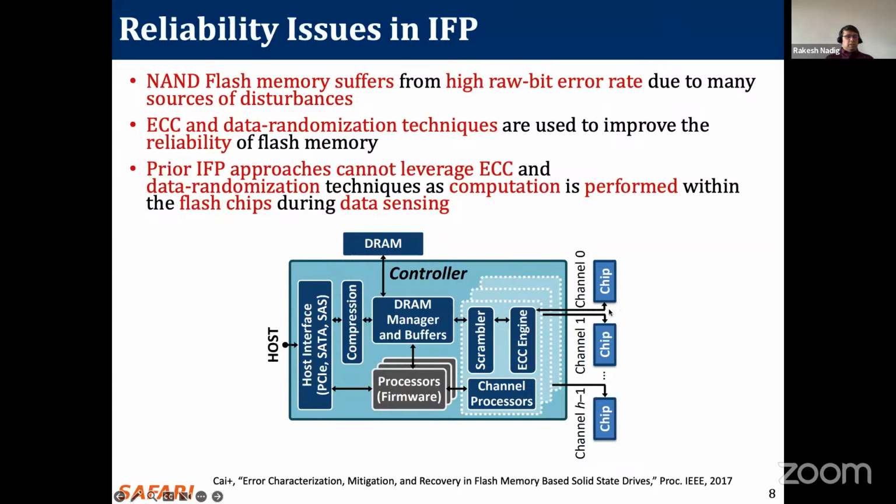So when we have to make the operation more reliable, we need to transfer the data from the flash chips to the ECC engine and the scrambler to do error correction and data randomization, and then move the data back to the NAND flash chip. So there is again a bottleneck here, because we need to keep moving the data back and forth between the flash chips and the SSD controller. And this voids the advantages that we get from performing computation within the flash chip.